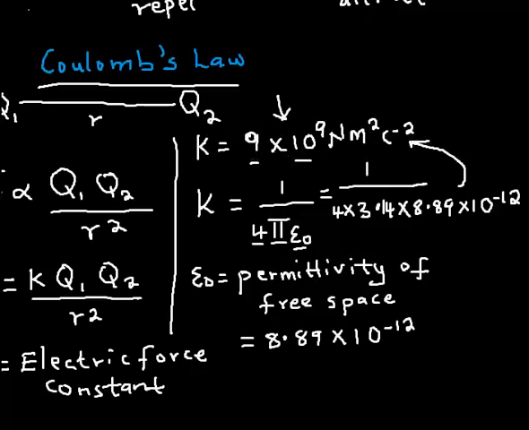So we see invariably now, from Coulomb's law, let me clean up. Okay, so Coulomb's law, we got this formula: F is equal to K Q1 Q2 all over R square.